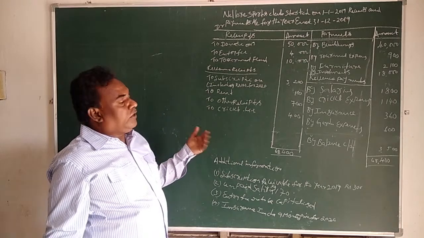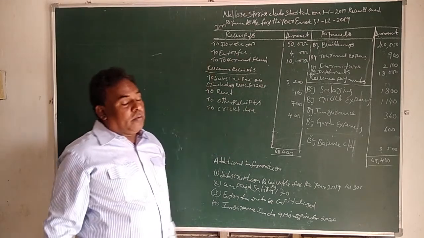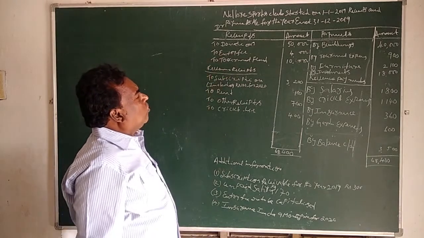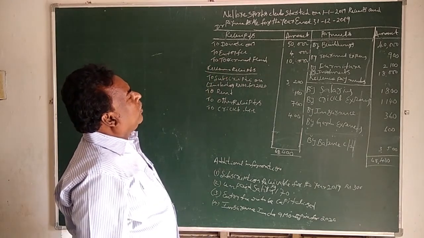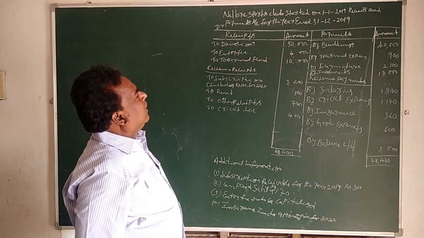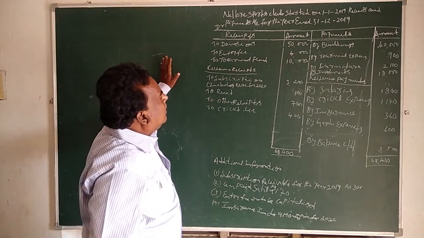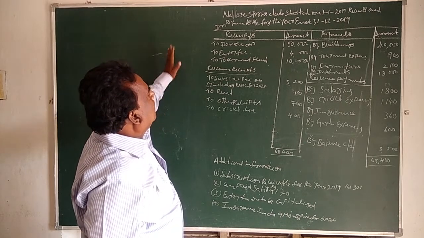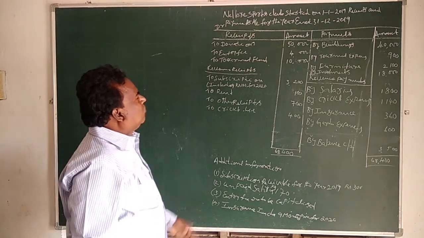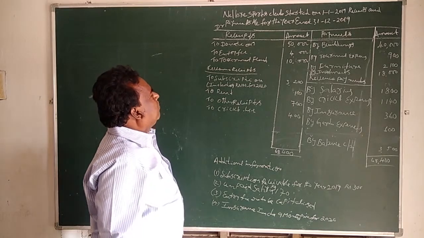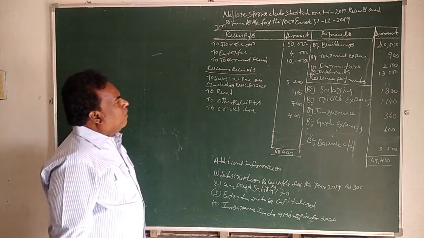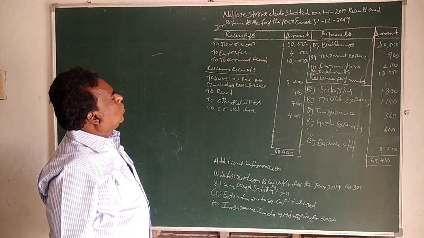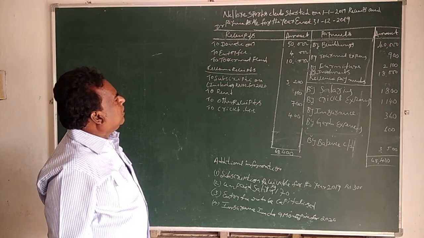Today we would like to work out one more problem regarding the non-profit organization. Nellore Sports Club started on 1/1/2019. The receipts and payments account for the year ended 31st December 2019 is as follows. Receipts: donations 50,000, entry fee 4,000, tournament fund 10,000.